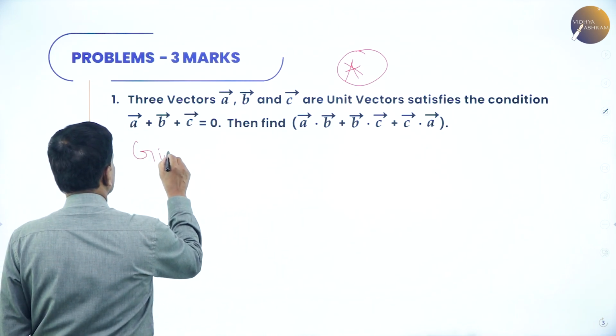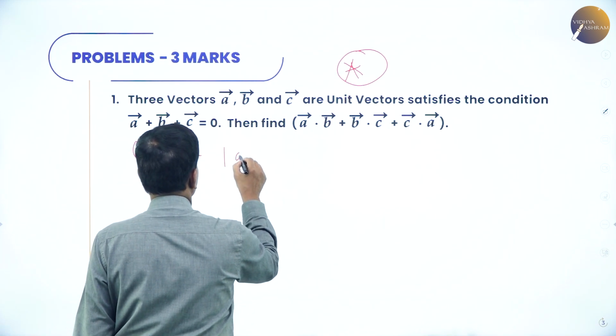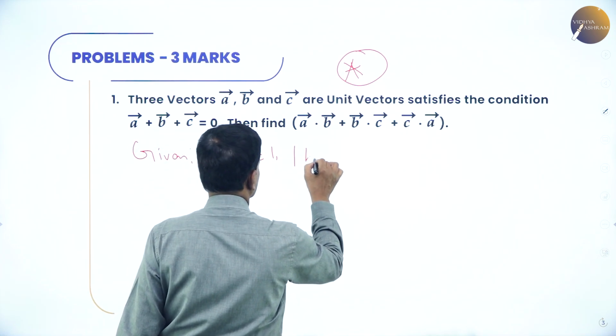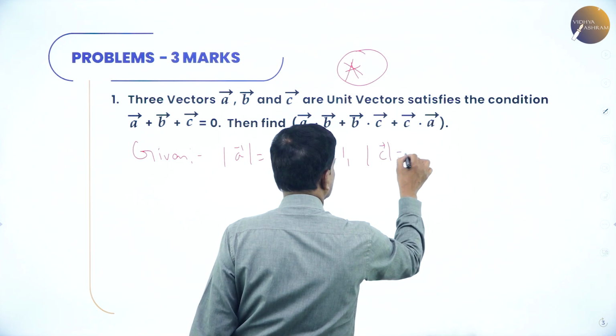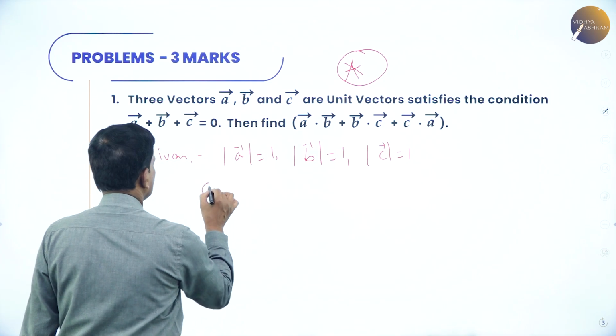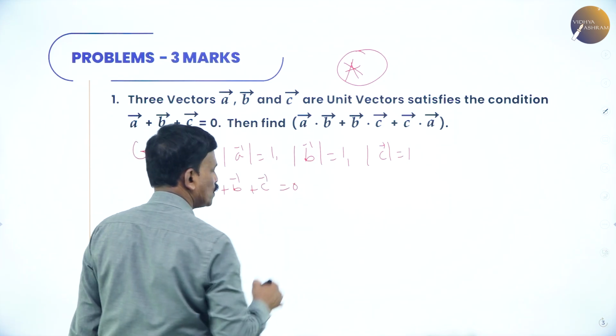Given that A, B, C are unit vectors, which means the length of A is equal to 1, the length of B is also equal to 1, and the length of C is also equal to 1. Further, the second condition is A plus B plus C is equal to 0.